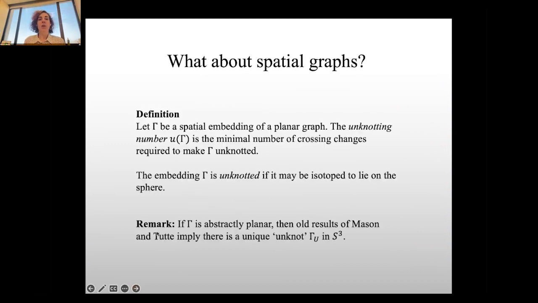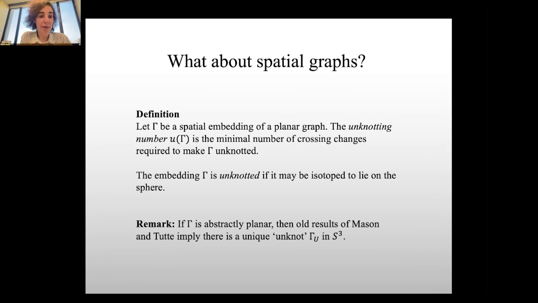So we're going to pose this question about spatial graphs, and in particular about the theta curve. Let me first mention how we should think about the unknotting number of a spatial graph. There's a few things that we need to sort out first. As we saw with the pictures before, we're going to take a spatial embedding of a graph, but we really ought to specify that our graph be abstractly a planar graph, because then we can really be clear what we mean for it to be unknotted.